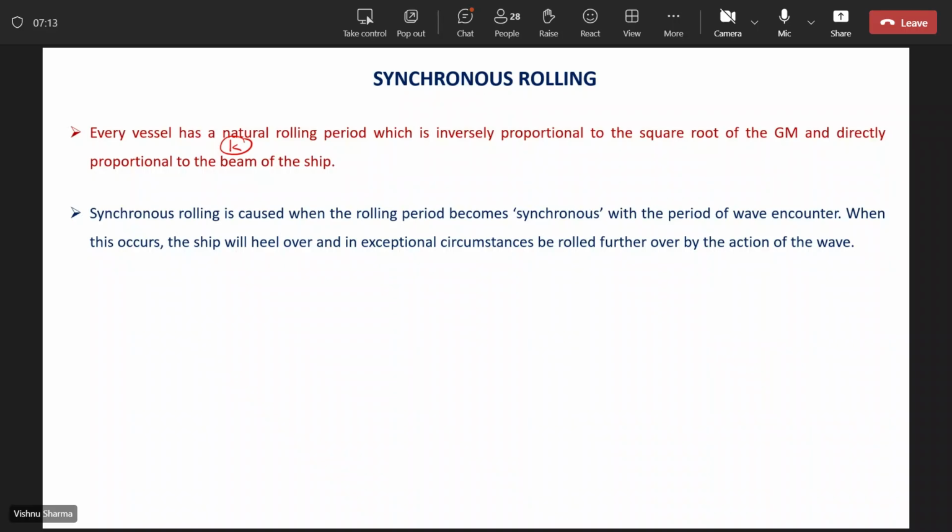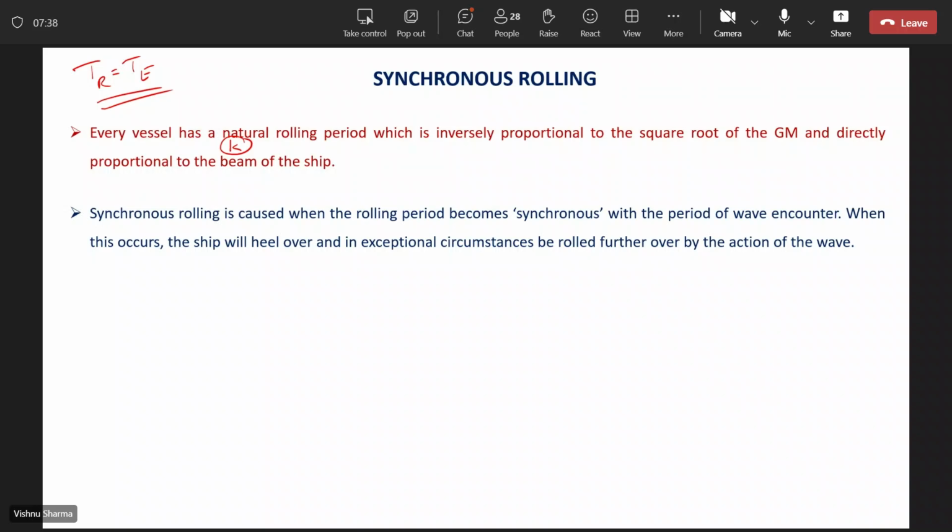Synchronous rolling is caused when the rolling period becomes synchronous with the period of wave encounter. That means the ship's natural period of roll, TR, becomes equal to the period of encounter of the wave. When this occurs, the ship will heel over and, in exceptional circumstances, be rolled further over by the wave action.